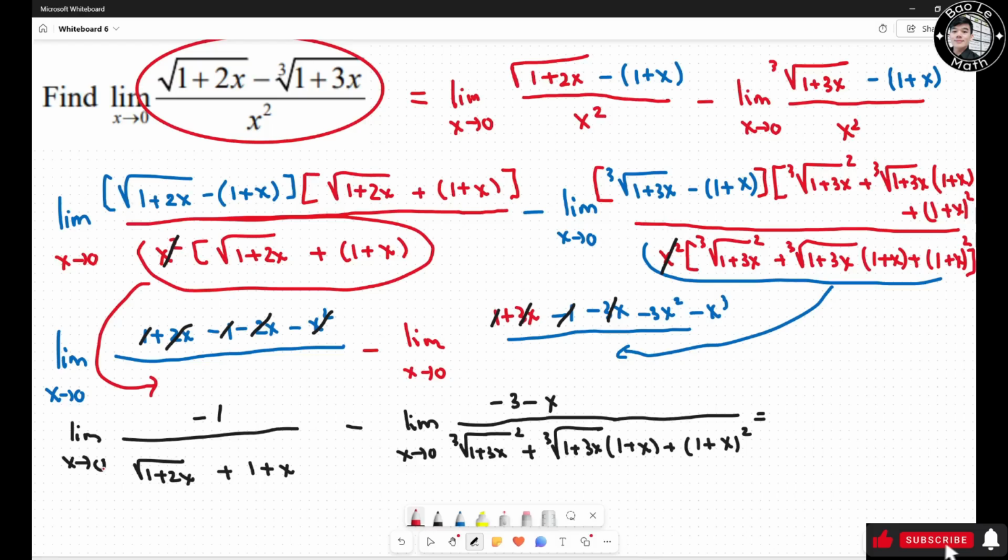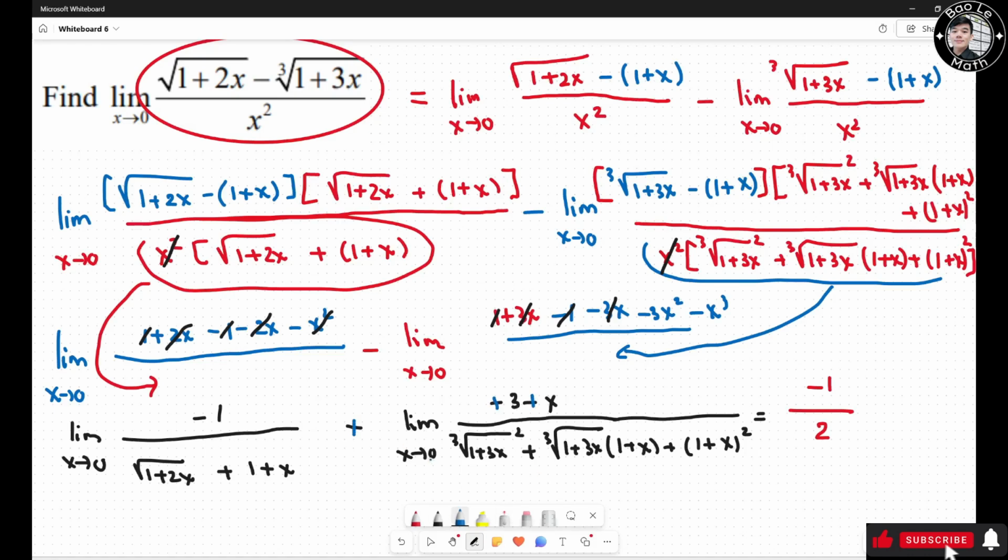Now when s approaches 0, the first one approaches -1 over, this one becomes 1, this one becomes 1, this one becomes 0, so it is -1/2. For the second one, observe that I have -1 right here, so I distribute -1, so this becomes positive, positive, positive.